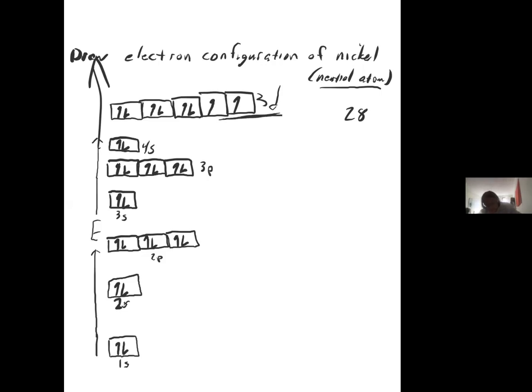Here's what happens. When you look at the periodic table, I'm going to talk more about this next week. Scandium is 21, all the way through zinc, which is 30, okay? These are called the transition metals, right?